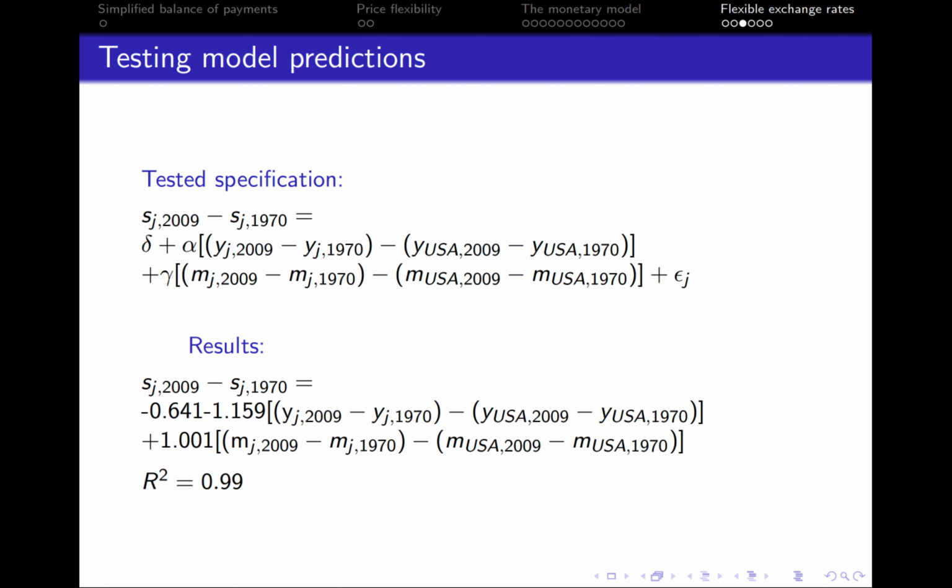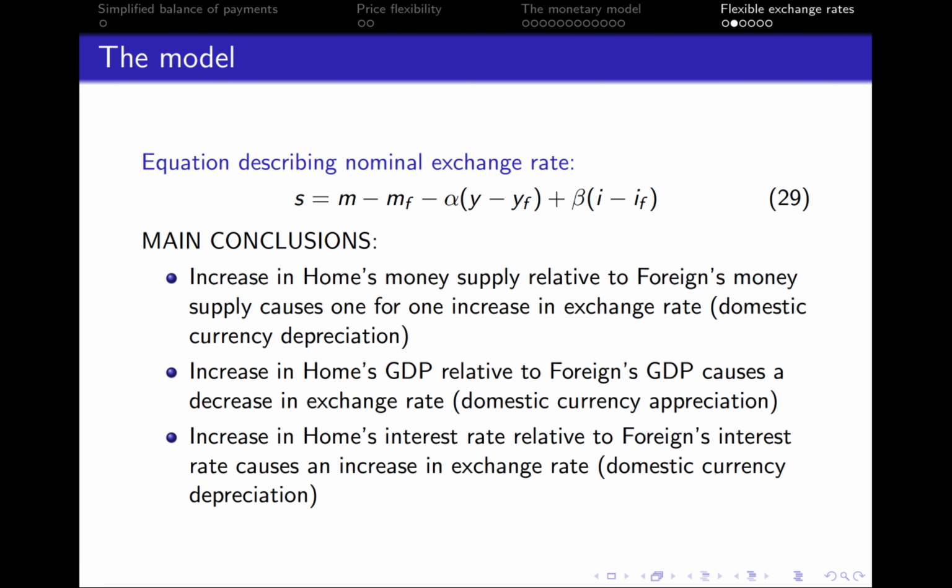Okay, so this model is very nice because we can very easily check it empirically. And look, we're gonna ignore interest rates, not to complicate too much. Plus, as you will see, having money supply and GDP will be quite enough, especially since we're going to consider a very, very long run model.